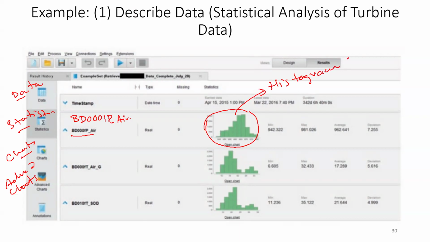This histogram shows a normal distribution. The statistics also indicate a very small variation across the 42 days.